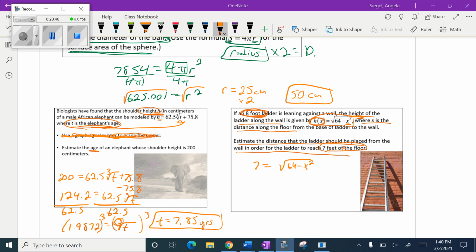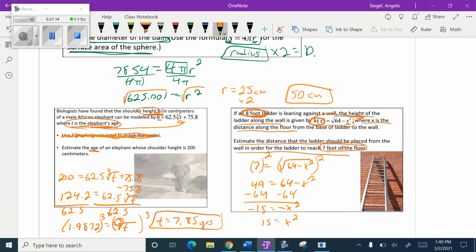It's going to be set up like this, and I'm going to square both sides. So I get 49 equals 64 minus x squared, and then just solve for x squared. I think what I'm going to do is subtract the 64. So 49 minus 64 is negative 15. So negative 15 equals negative x squared. I'm going to divide by negative 1.